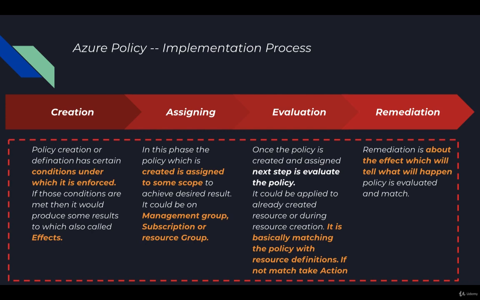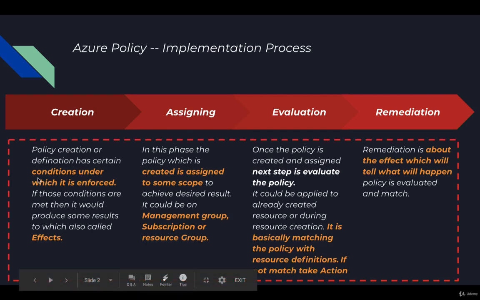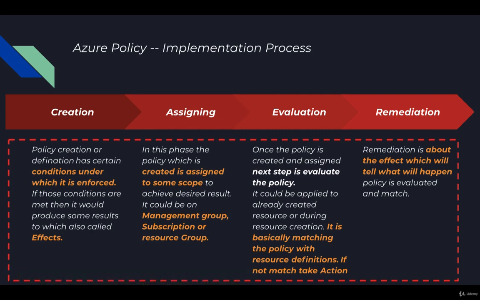Like if resources are not tagged, what kind of effect should it have? We want the effect to be that we put in the tag, or we want to remove the tag and add some other tag. So we create the policy definition: what kind of actions we want from the policies, what kind of results we are looking for from the policy.